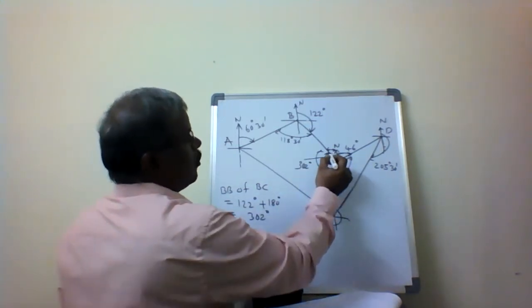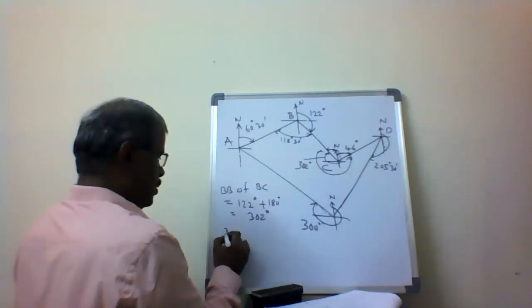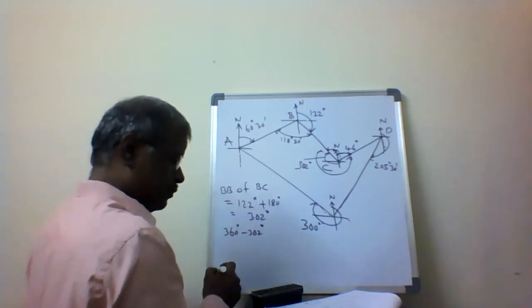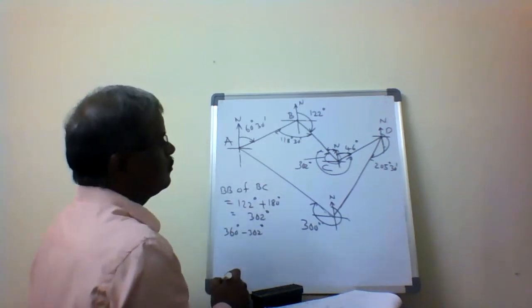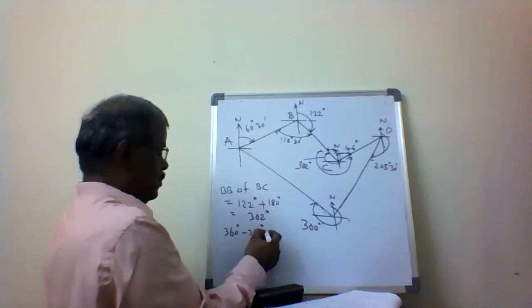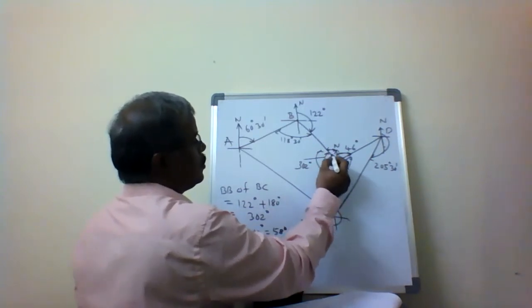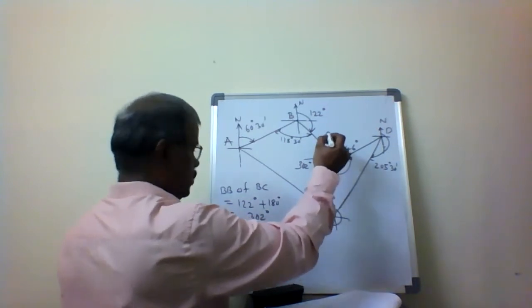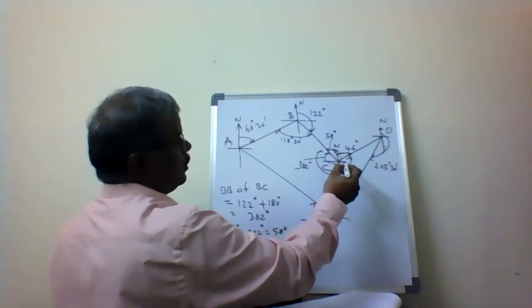Now I have to calculate this one: 360 degrees minus 302 degrees, so that is 58 degrees. So this is 58, and that is this 46.